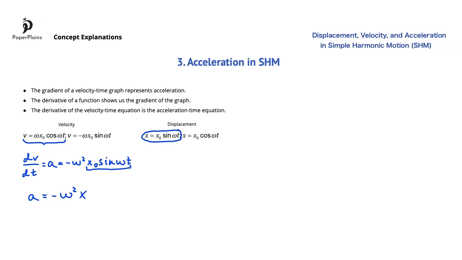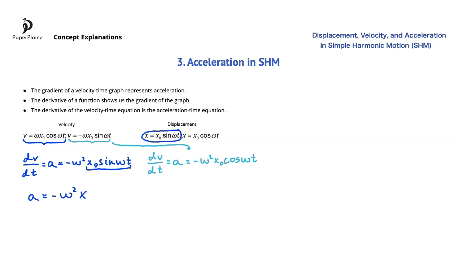Let's see if we arrive at the same result by differentiating the other velocity equation. So dv/dt is equal to the acceleration, and this is equal to negative omega squared times x0 multiplied by cosine omega t.